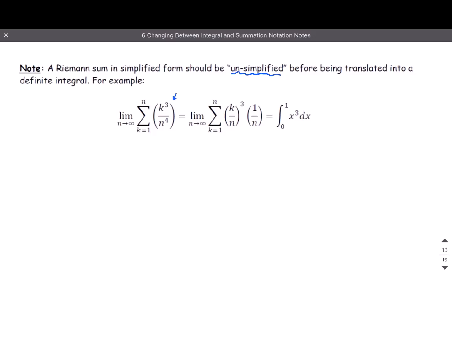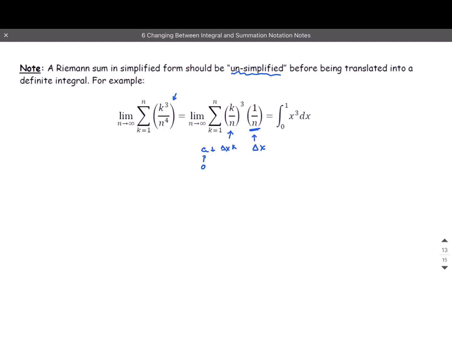I could factor out a 1 over n. That is my delta x. That leaves me with k cubed over n cubed, or k over n cubed. That's going to be my delta x, that's the 1 over n, times k. And my a is 0, so the a plus delta x k.